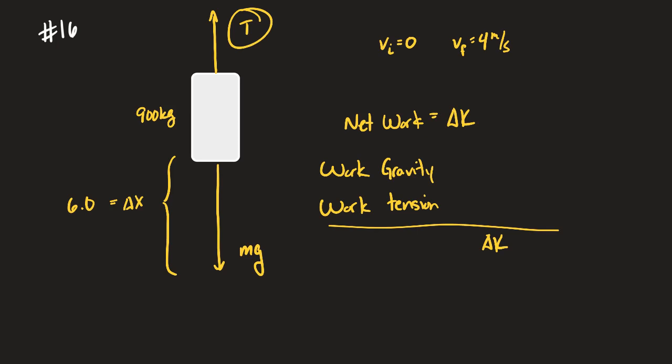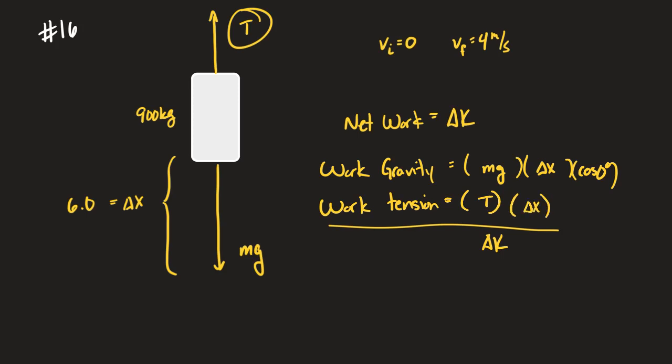Gravity acts down and the elevator goes downwards. So the work done by gravity will be mg times delta x times the cosine of 0 degrees. At the same time, there's the work done by tension. Tension is upwards.